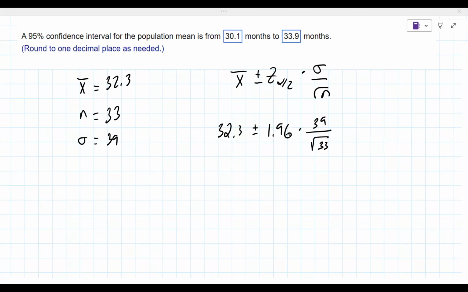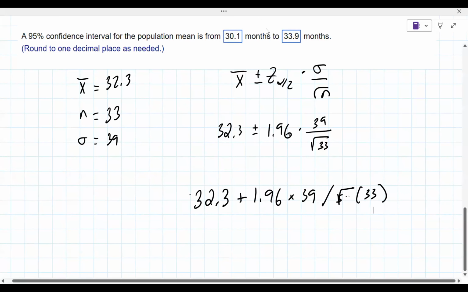I heard the substitute on Monday told me that you have to put parentheses in it, or no? Yeah, so here's how you could enter this in your calculator. 32.3 plus 1.96 times 39 slash the square root of 33, like that. All right, so go ahead and enter that for us, please.